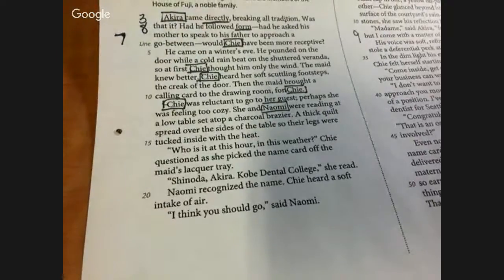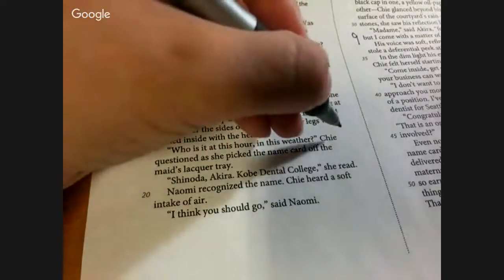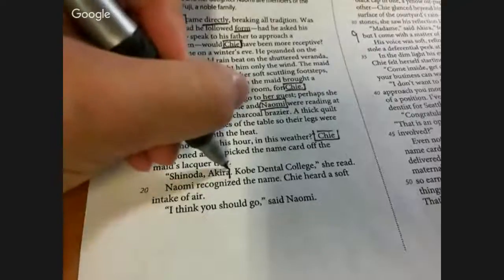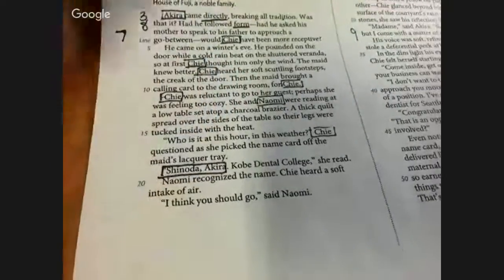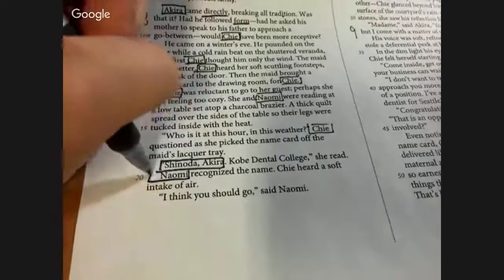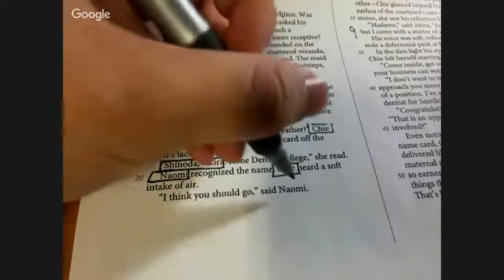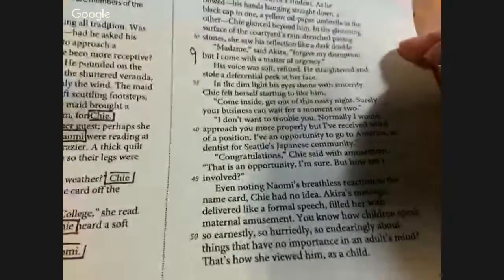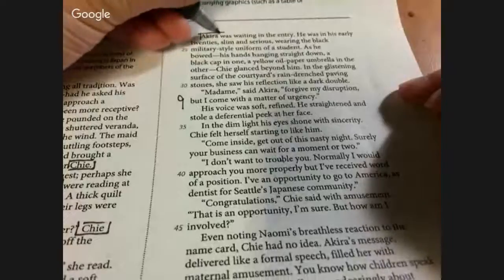Who is it at this hour, in this weather? Chie questioned as she picked the name card off the maid's lacquer tray. Shinoda Akira, Kobe Dental College, she read. Naomi recognized the name. Chie heard a soft intake of air. I think you should go, said Naomi. Akira was waiting in the entry.